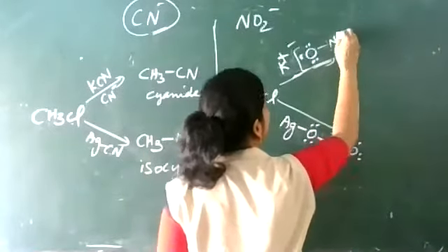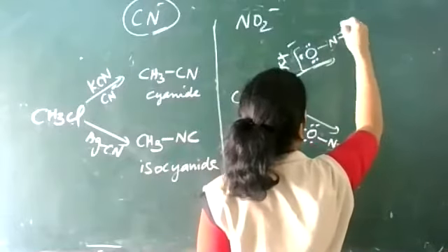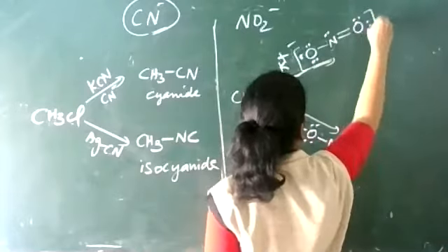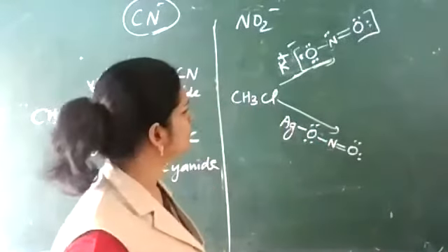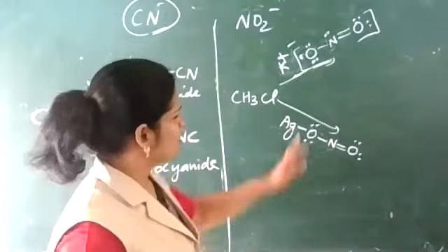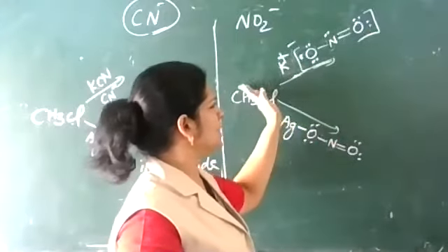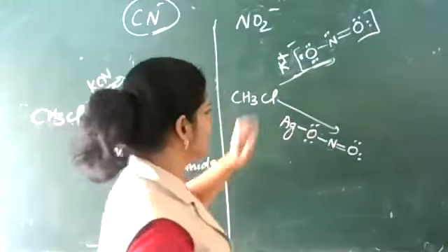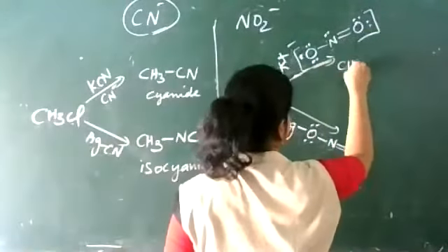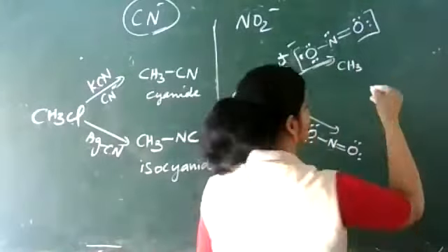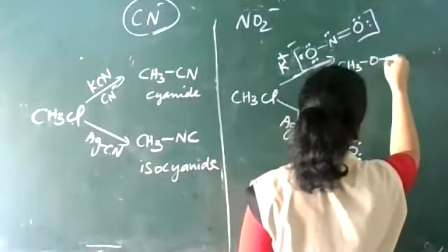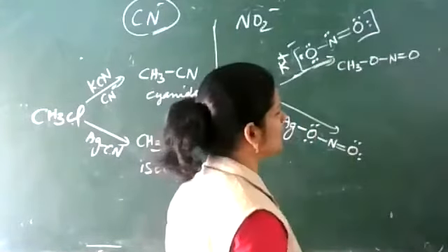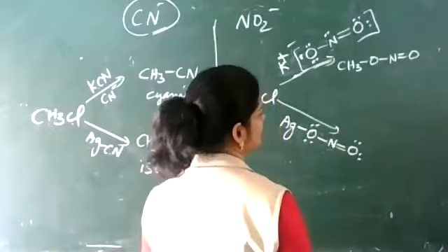Then N O. So here, on putting in water, this plus and minus will get separated. O minus will be attacking the carbon of CH3 alkyl, like CH3ONO. You don't have to show the other electrons.